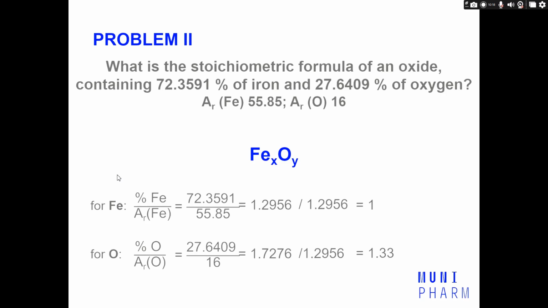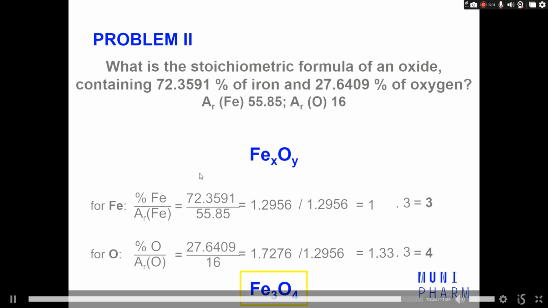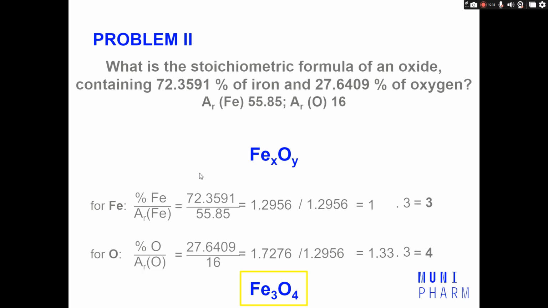But by multiplying by 3, we will get a coefficient 3 for iron and 3.99, which is very close to 4 for oxygen. By using these coefficients in the formula, we will obtain an iron oxide Fe3O4. This compound is a mixed iron oxide, ferrous ferric oxide, also known as the magnetite mineral.